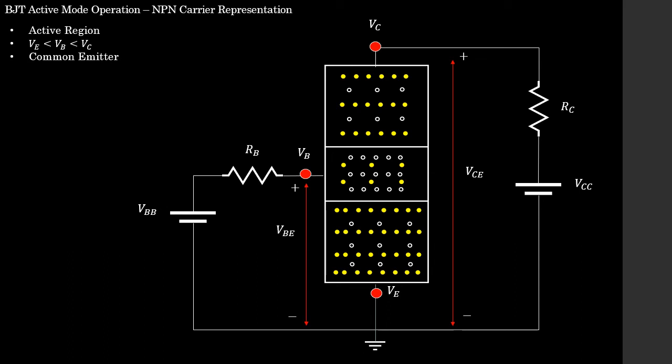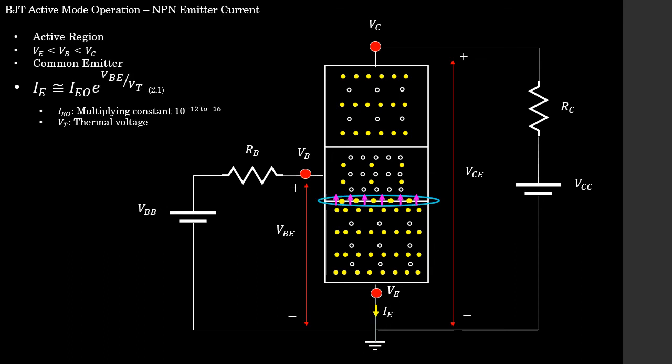All right, so let's actually see how this happens. So starting off, let's look at deriving our emitter current. So when we bias this junction between our base and our emitter, we know that we are forward biasing this junction. So when we forward bias a junction, we know that the majority carriers, which in this case are free electrons from our N-type side, are going to travel across the junction.